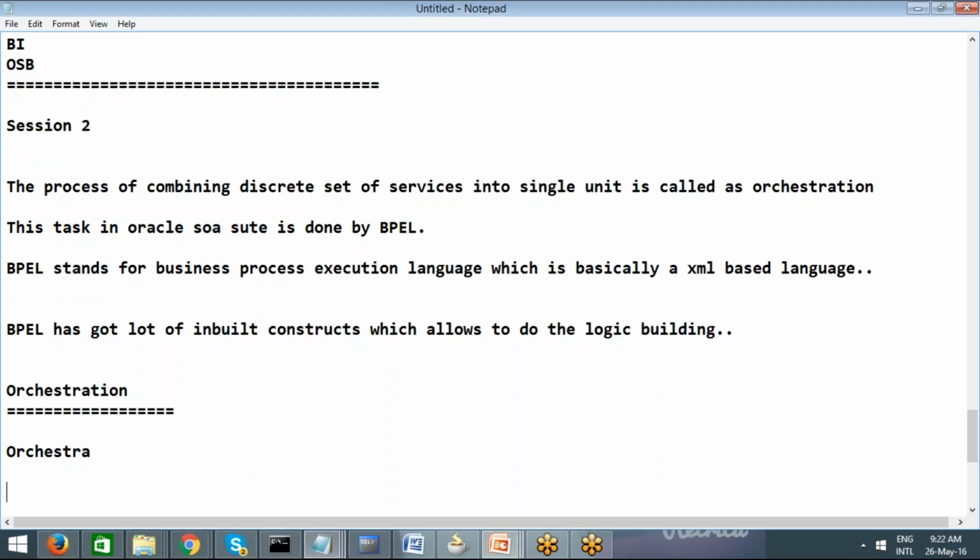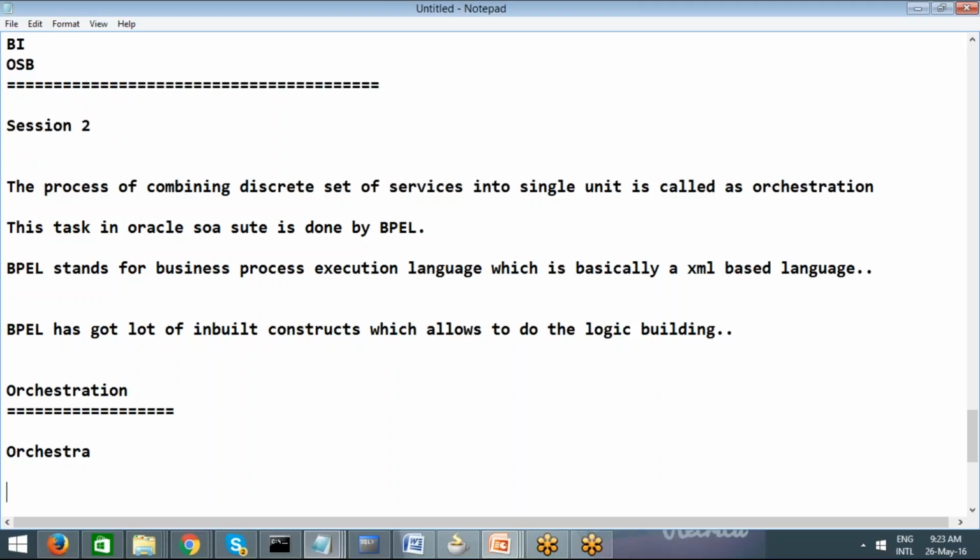So the point over here is the music director is a central coordinator who coordinates among different musicians and makes them work in a flow so that he can create the desired tune or desired impact. On a very similar note, when we combine a discrete set of services into a single unit, for example, calculator is a web service which is exposed, which internally relies on discrete services such as addition, subtraction, multiplication, division, then these multiple services might not know each other.